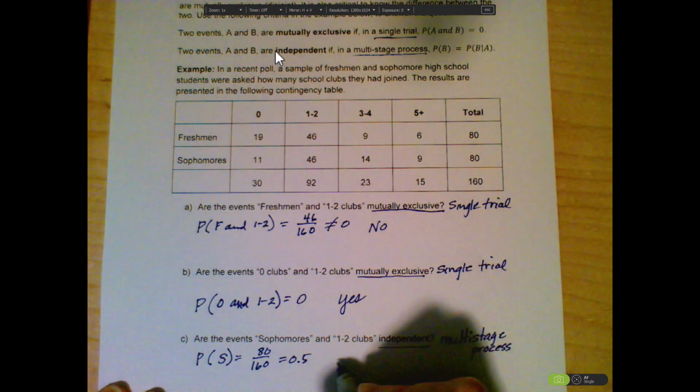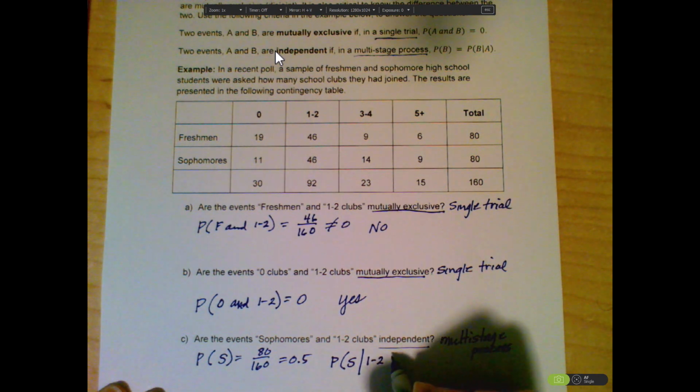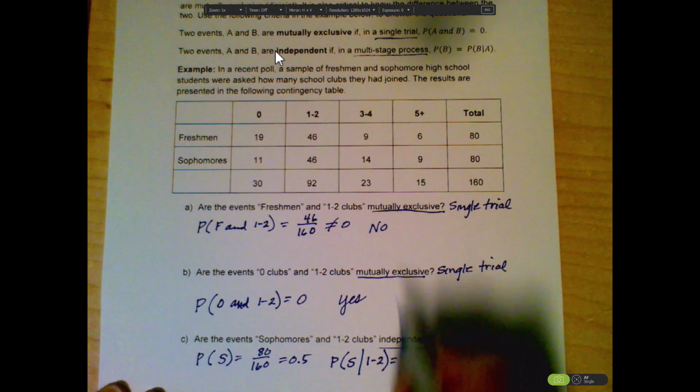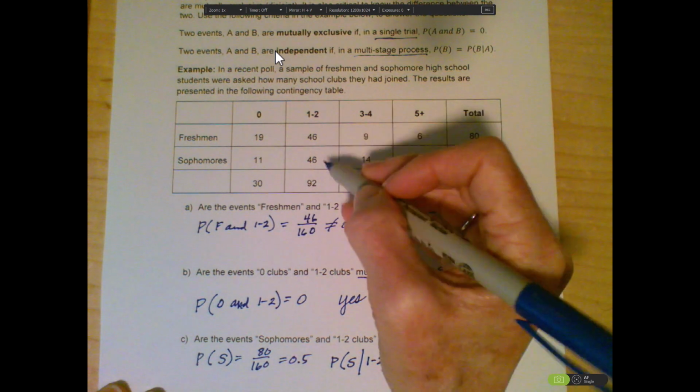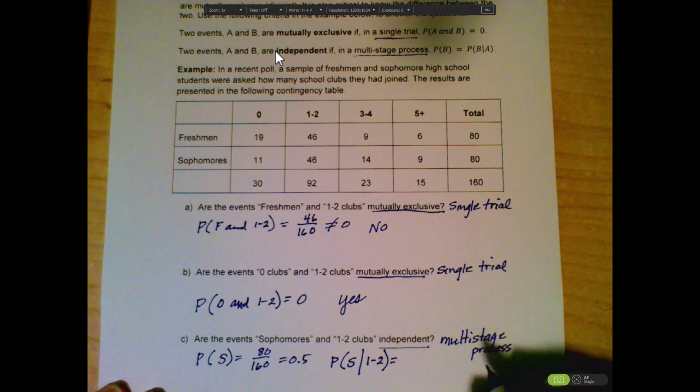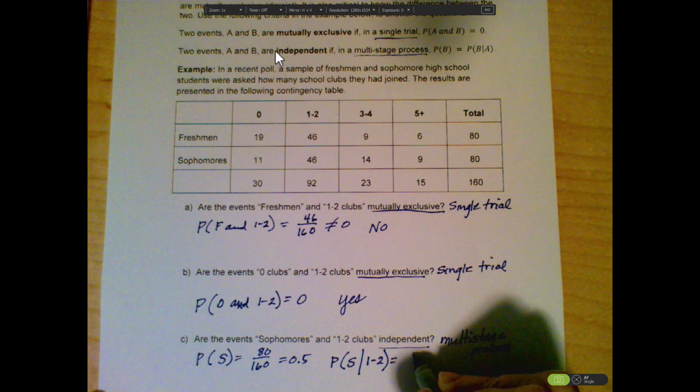And now we want the probability of sophomores given that we already know this student said they joined 1 to 2 clubs. Okay? It's a student in here. What's the probability that it was a sophomore that said that? Well, it's 46 out of how many?